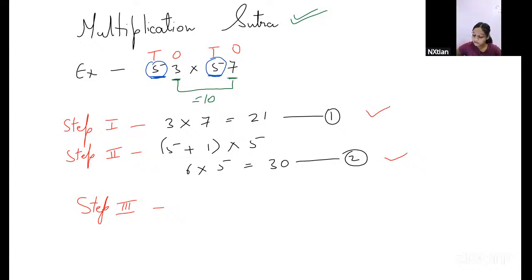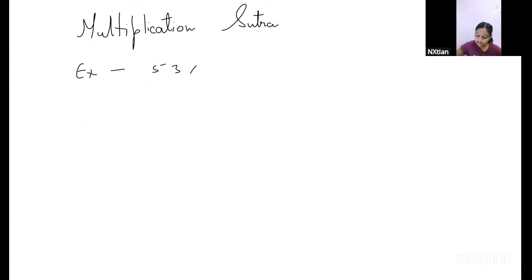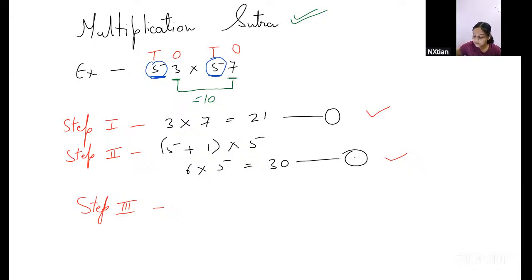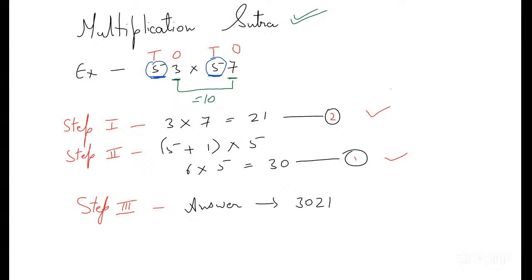This is the 1 and this is the 2. Means that the answer will be 3021. It's going to be my answer.